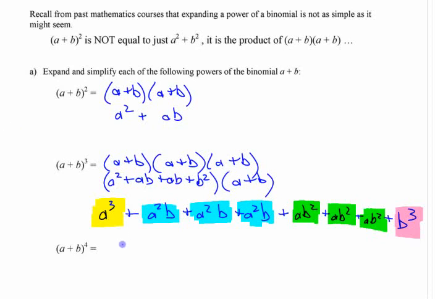If it's simplified, it's going to say A cubed plus 3A squared B plus 3AB squared plus B to the third. If you look at the coefficients, there's 1 on the front even though you don't write it, and there's a 1 on the last part here. You don't write it. Those come up in Pascal's triangle precisely because it's the ways you can pair things up like that. All right? Can you do A plus B to the fourth like that, please?